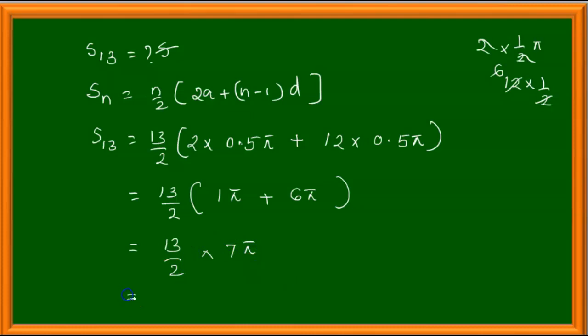So 13 into 7. We can write 13 by 2 into 7 into pi, whose value is given there as 22 by 7. So 7 divided by 7 is 1. 22 divided by 2 is 11.